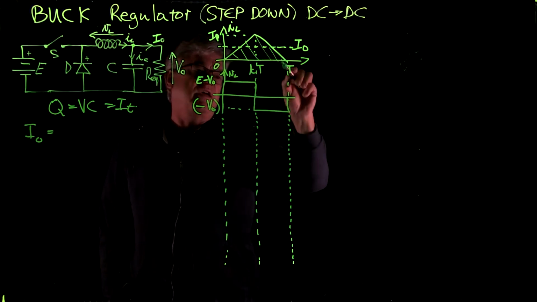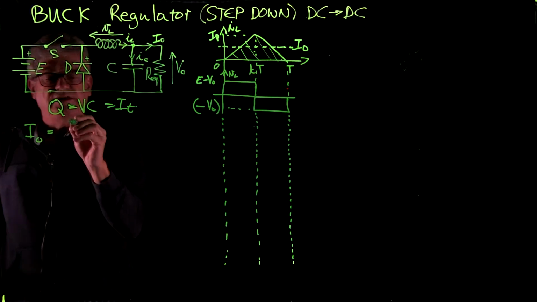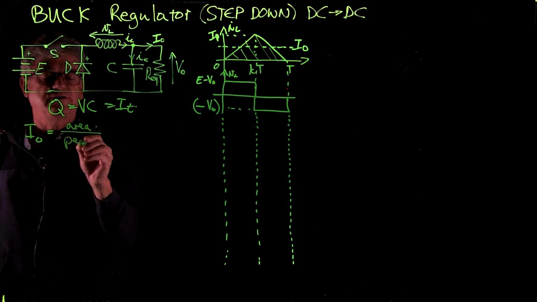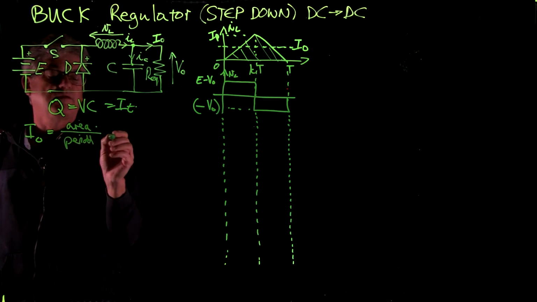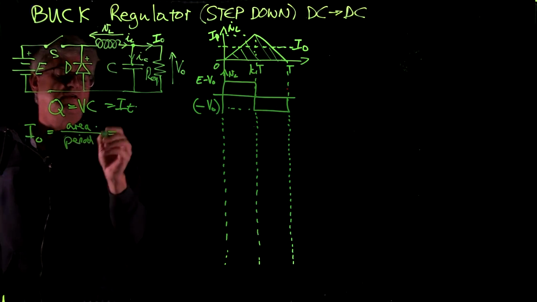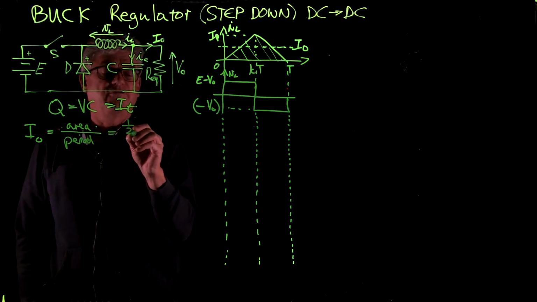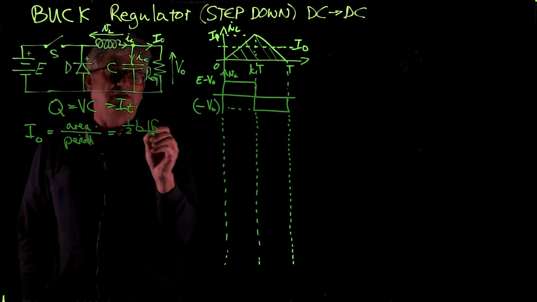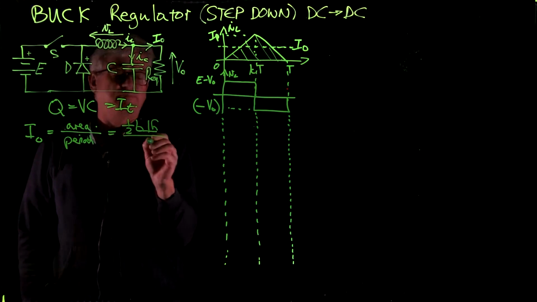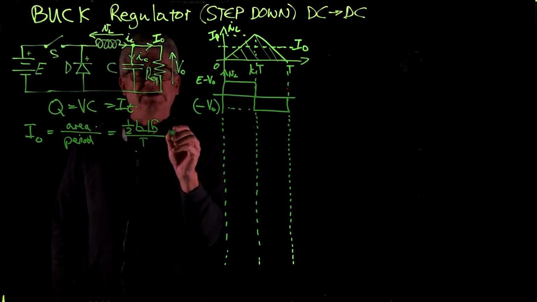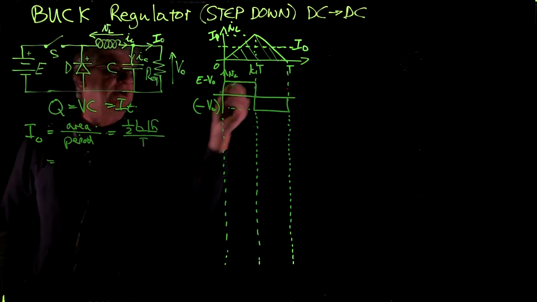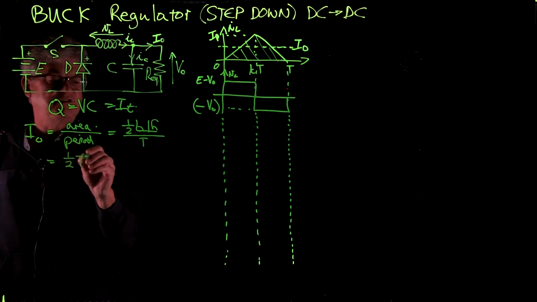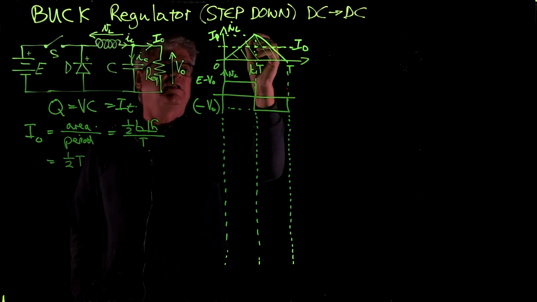And since this is a triangle, I know that the area is equal to a half base times perpendicular height of that triangle, divided by the period, which is T. So the base here is T, so therefore it is equal to a half times T, and the perpendicular height is I peak.